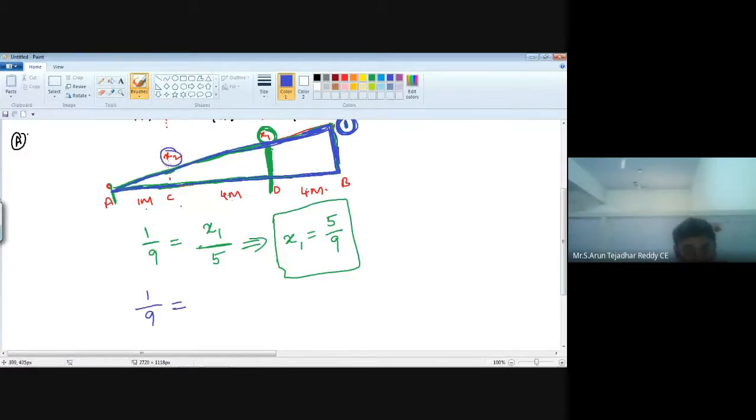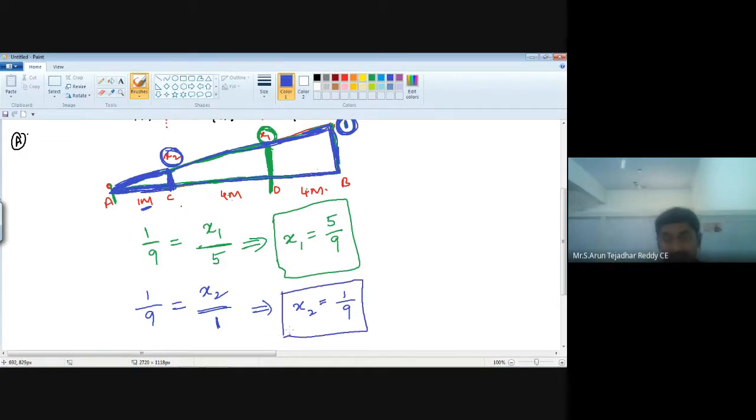Up to here make one triangle in thick color. In this triangle our perpendicular is x2 by 1. So x2 is equal to 1 by 9.